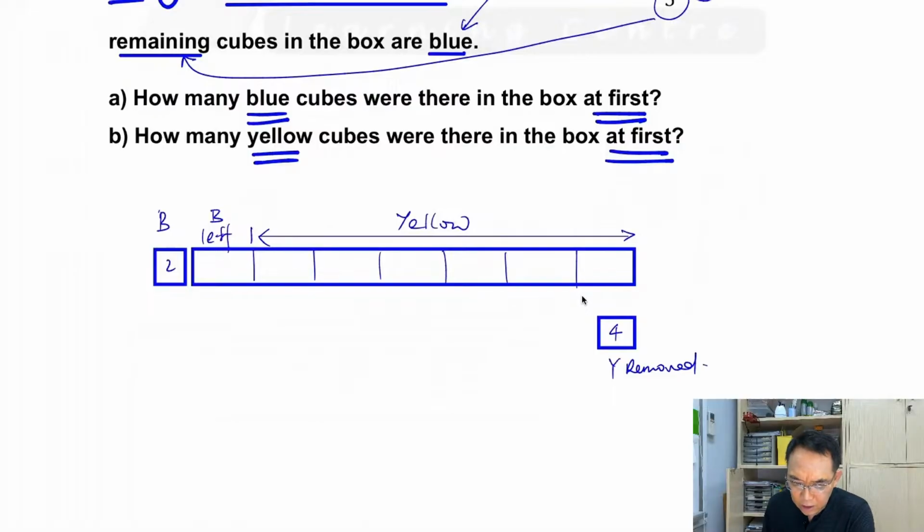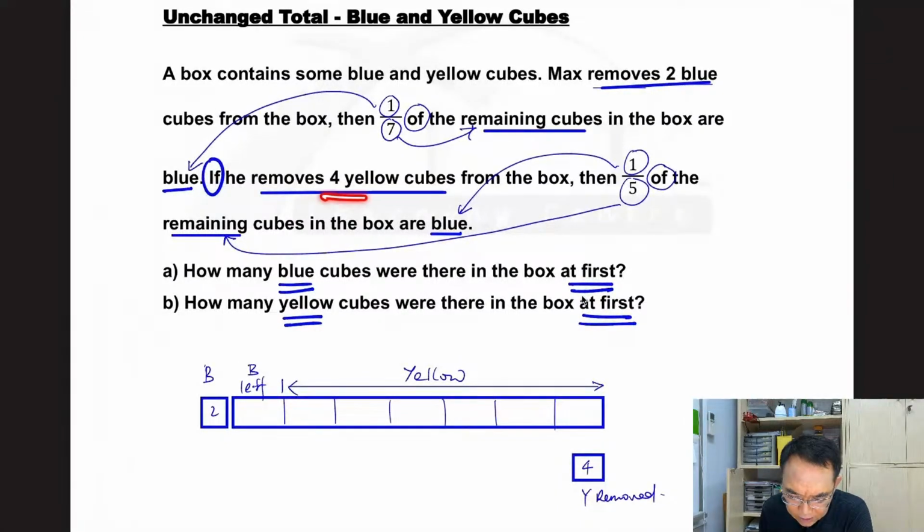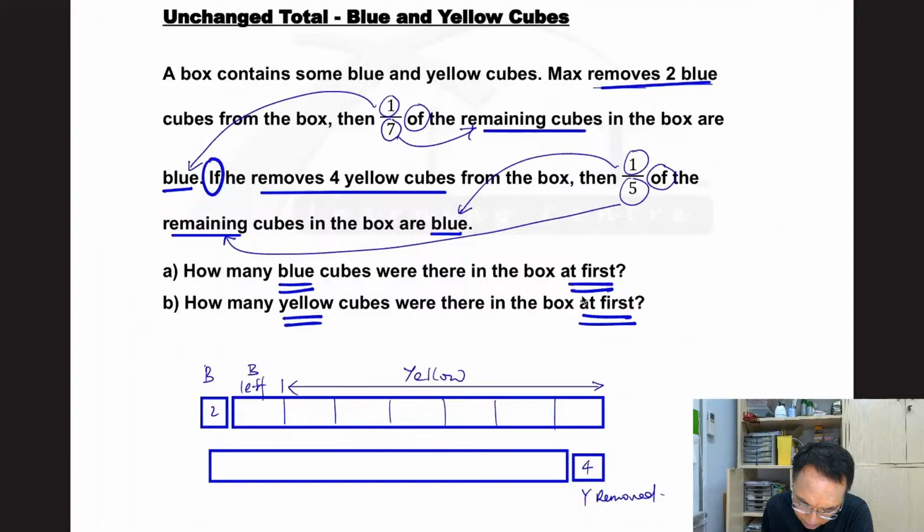All right. Now, if this 4 yellow are removed, then what the question says is that there will be 5 boxes left, and one of those boxes is blue. Now, I'm going to draw a model, and this model should stretch all the way to this side. And I will stop. Let me adjust this.